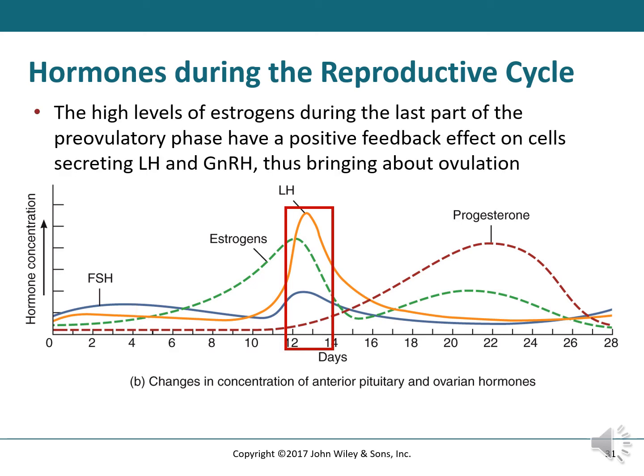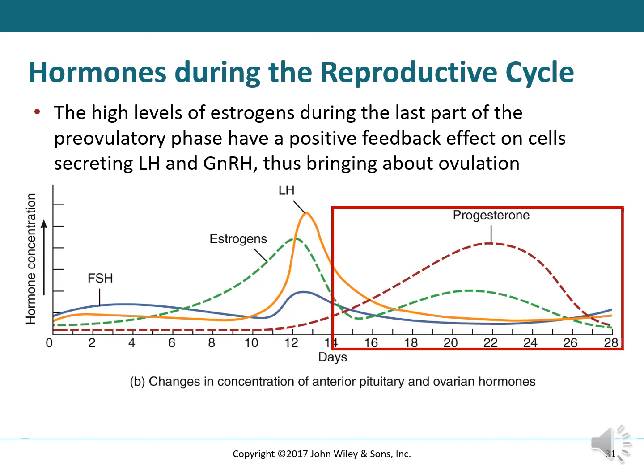The high levels of estrogen during the last part of the pre-ovulatory phase are going to have a positive feedback effect on secreting LH and GnRH. And this is what causes the LH surge that leads to ovulation. Once ovulation occurs, you have the corpus luteum that's left over, and that secretes large amounts of progesterone and estrogen. So that's why those levels go back up on this graph again.